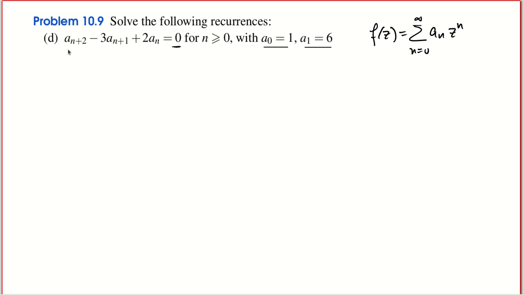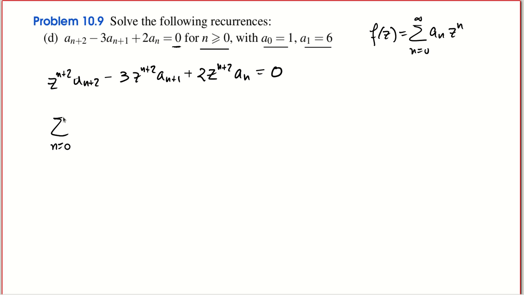We have to multiply by z to the highest exponent, the highest index as exponent. So you have z^(n+2) a_(n+2) minus 3 z^(n+2) a_(n+1) plus 2 z^(n+2) a_n, and that is equal to 0. All right. Now we have to add all the range of indices.